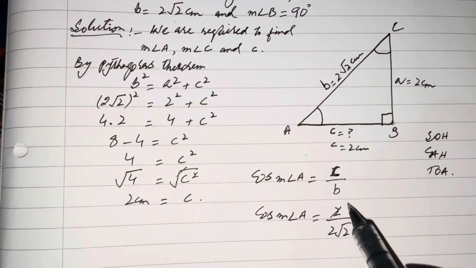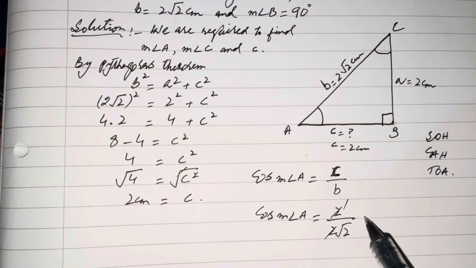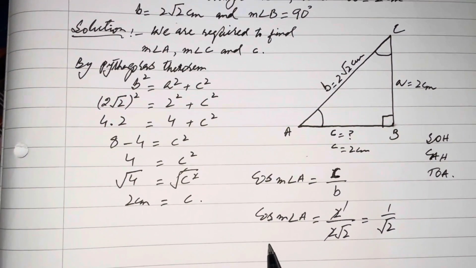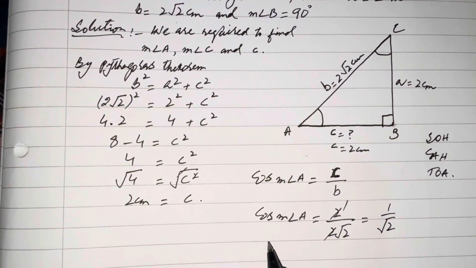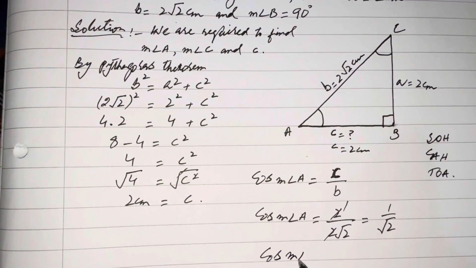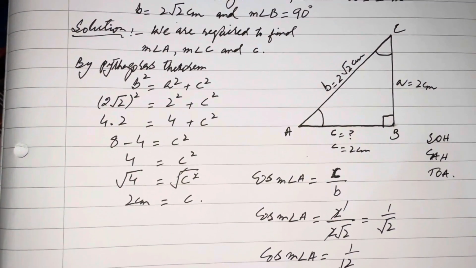So that 2 will be cancelled, and the answer will be 1 over under root 2. So cos measure of angle A is equal to 1 over under root 2.